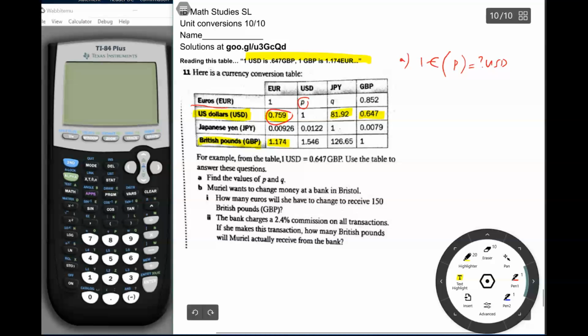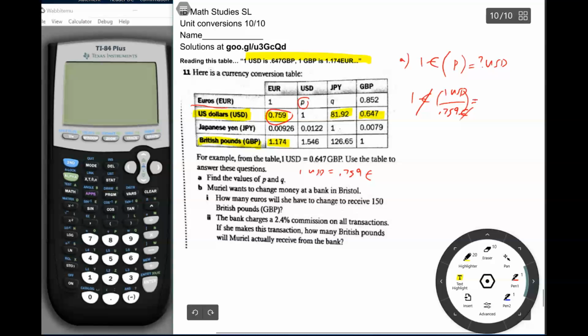This domino says that 1 US dollar is worth 0.759 euros. So we could use that, couldn't we? So we're going to put 1 euro is 0.759 euros on the bottom to make the euros cancel out, and then 1 US dollar on top, and that would give me the number of US dollars here.